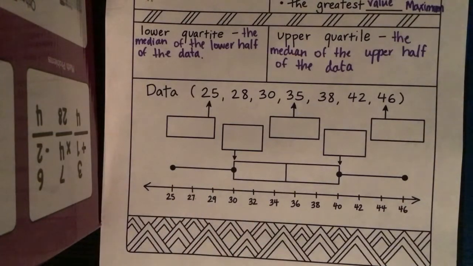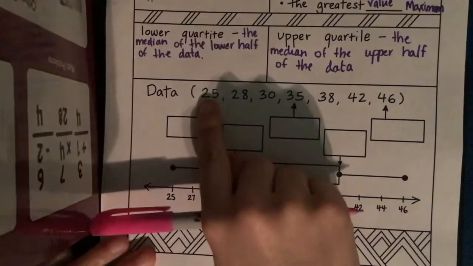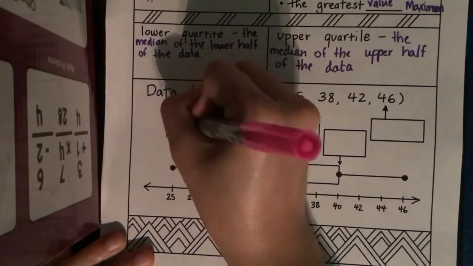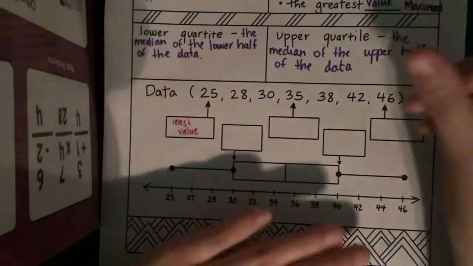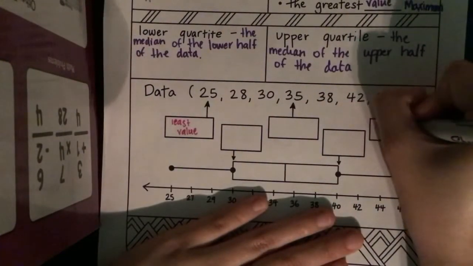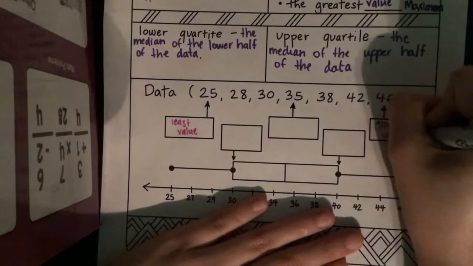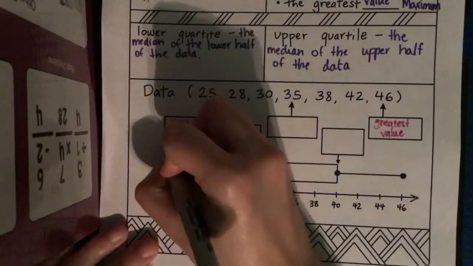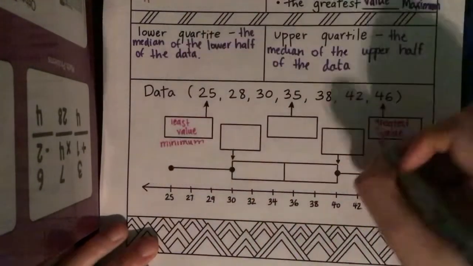What is the smallest number and what is the biggest number? So 25 would be the least value, and 46 would be the greatest. Also known as the minimum and maximum.